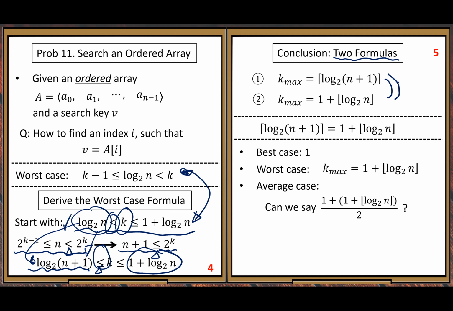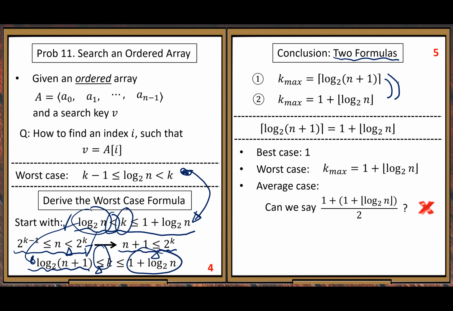We know the best case. We know the worst case. Can we simply use the average of the best case and the worst case for the average case? The answer is no. You cannot use this formula.